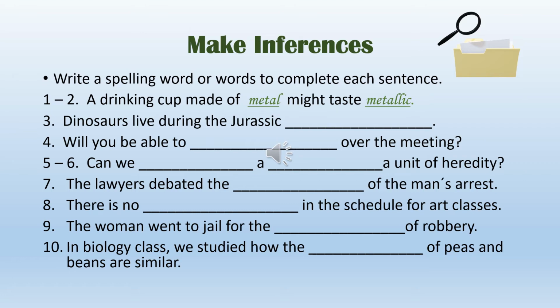And the same thing you have to do for 5 through 10. Read the sentence really carefully. Concentrate and find which word is the best answer to complete the sentence. Okay, let's move to the next page, please.